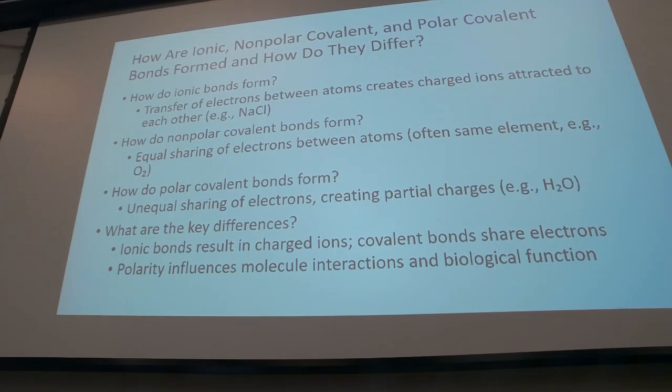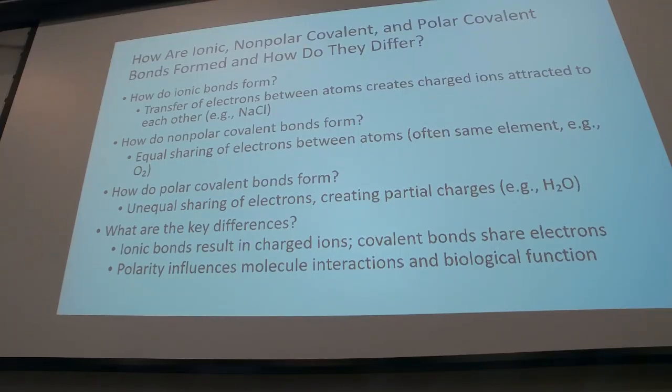Ions are electrically charged molecules that result from the transfer of electrons between elements.